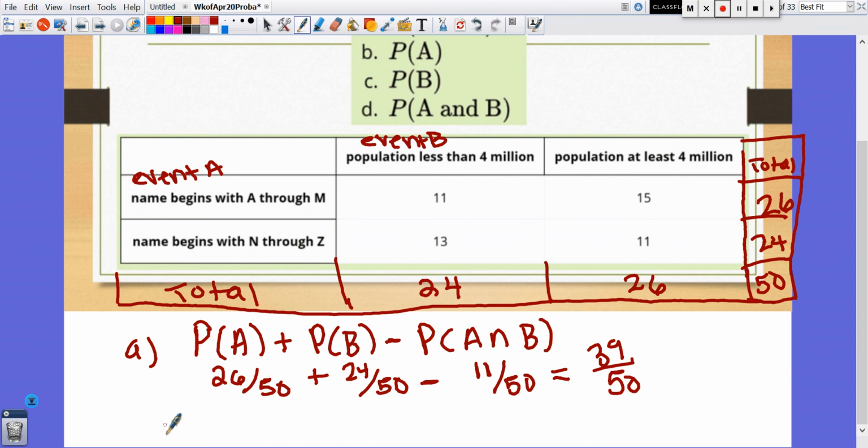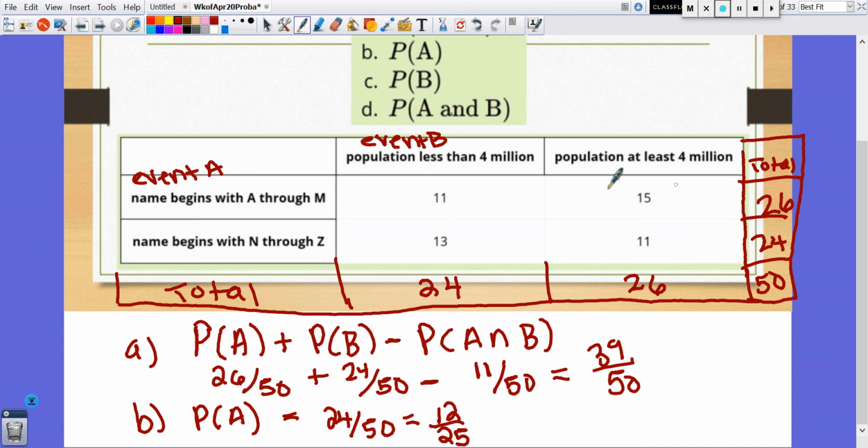The next question, which is part B, it says, what's the probability of getting just A? The probability of getting A is 24 out of 50, and that can be reduced. The biggest number there, I think, is 2, so we get 12 out of 25. So that's the answer for probability of event A. Oh, right, I'm wrong.